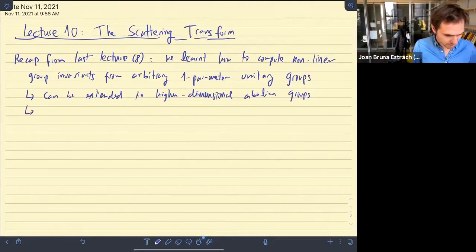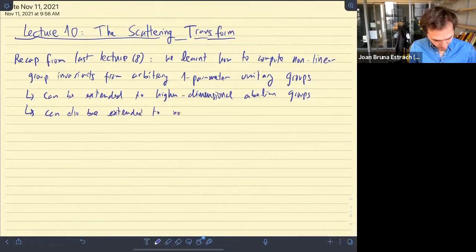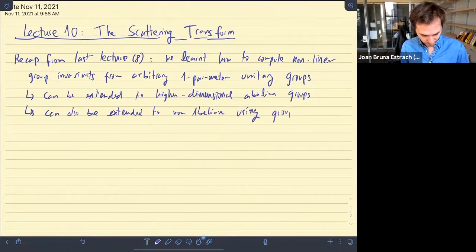And in fact, it can also be extended to non-abelian groups, using slightly more sophisticated techniques that we are not going to enter. This is using group representation theory.